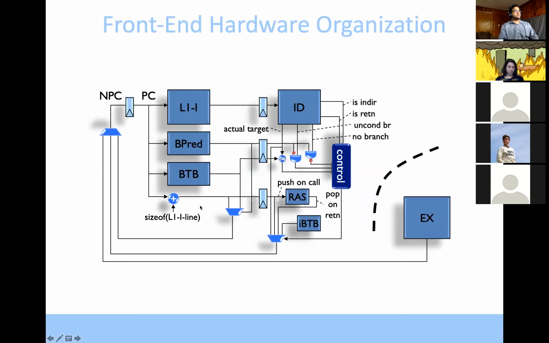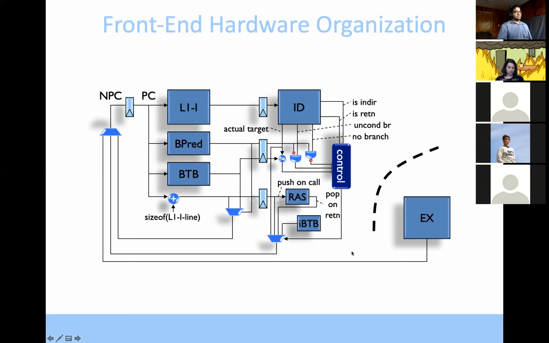Now both of these values, the branch target buffer output and the size of the next instruction, go down to a muxer, which is then picked between using the branch predictor. That will give you the new PC to go with.